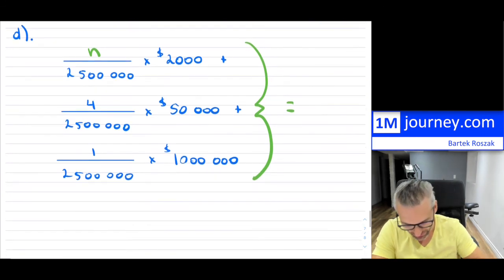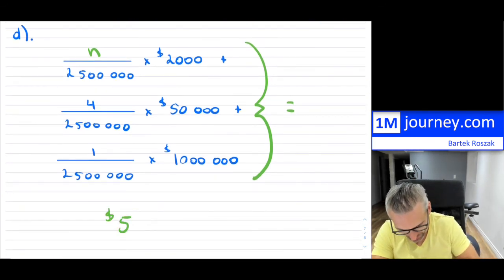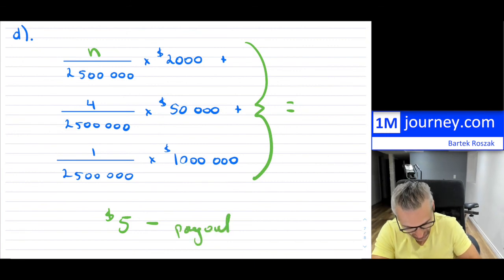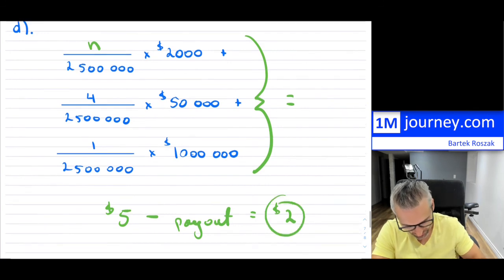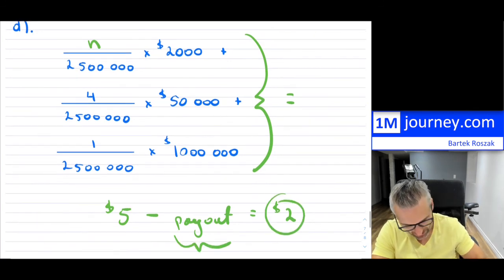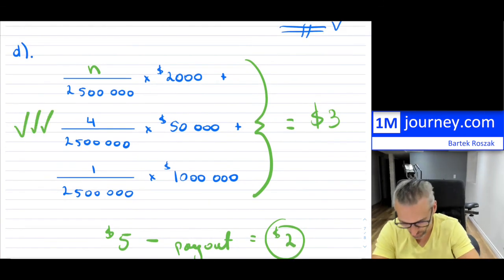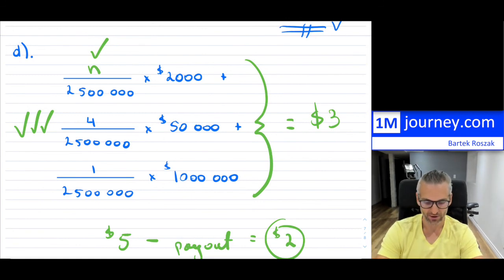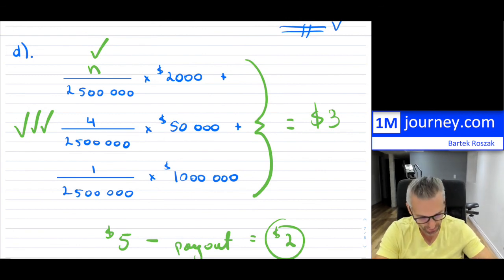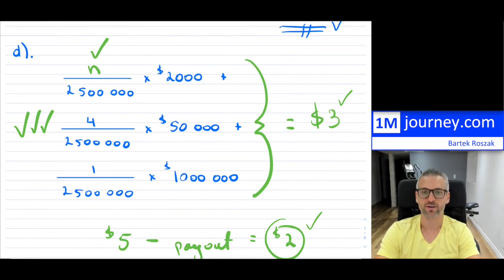So in order to have a $2 profit, so $5 minus the payout for each ticket, we're supposed to have $2. So clearly this payout is equal to $3. So we're solving this equation right here for N so that the payout is $3 and we're still left with a $2 profit. So that's how we would have to set this up.